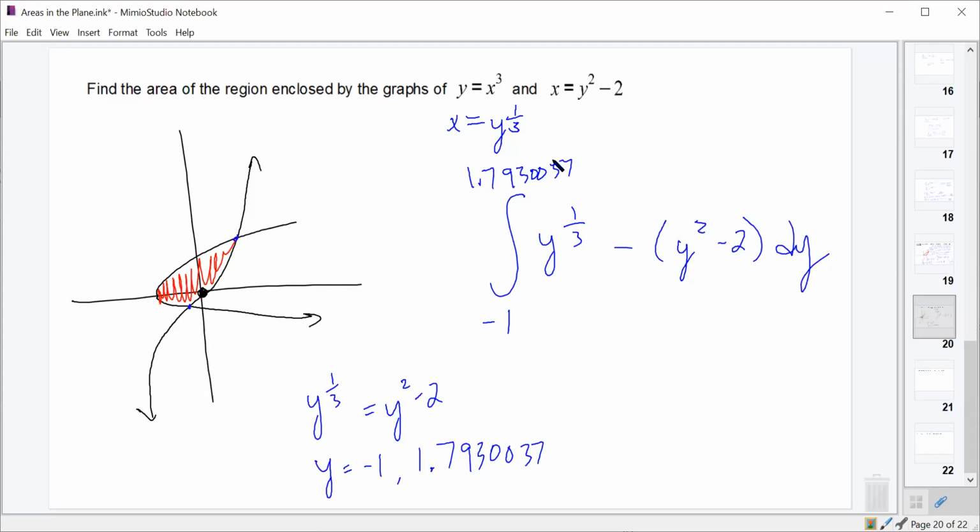Since we have a really heinous number to evaluate this at, we'll just use our calculator to approximate that integral. And let me know what you get. $4.215.